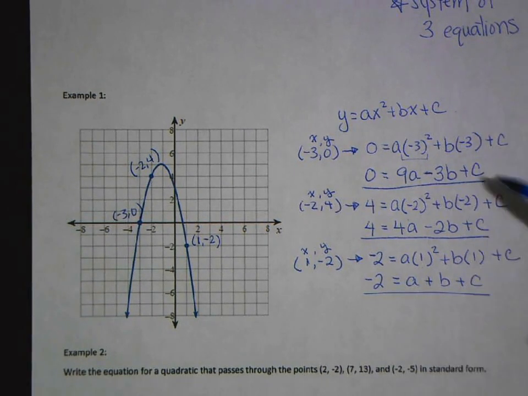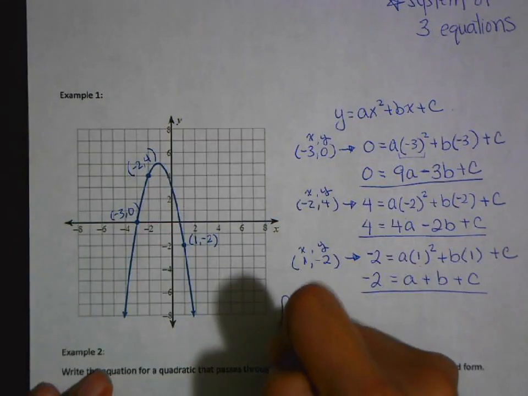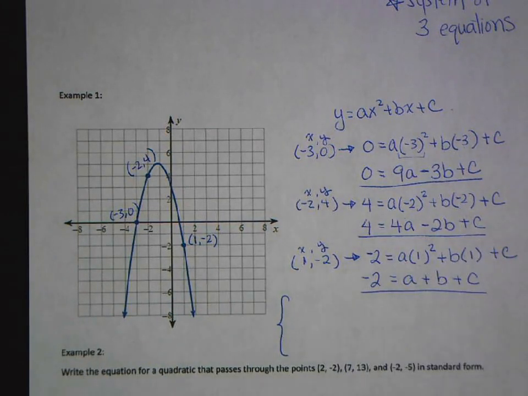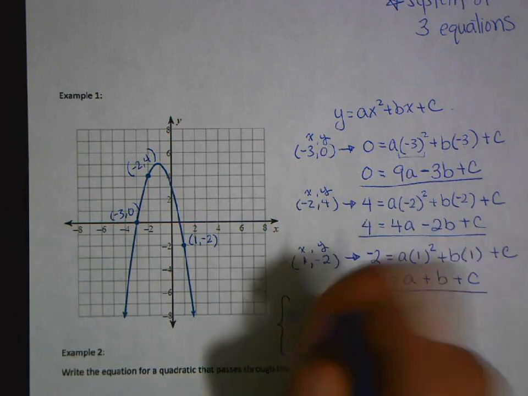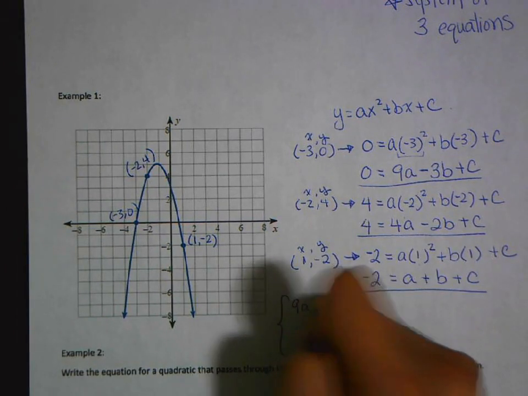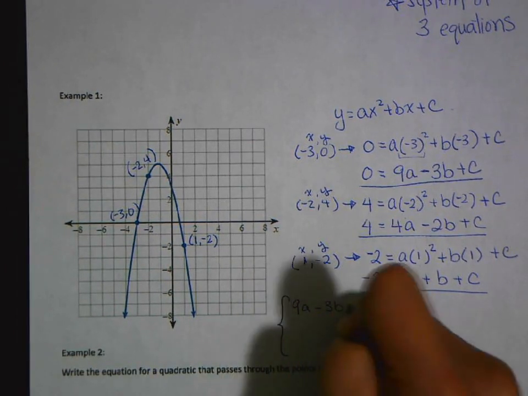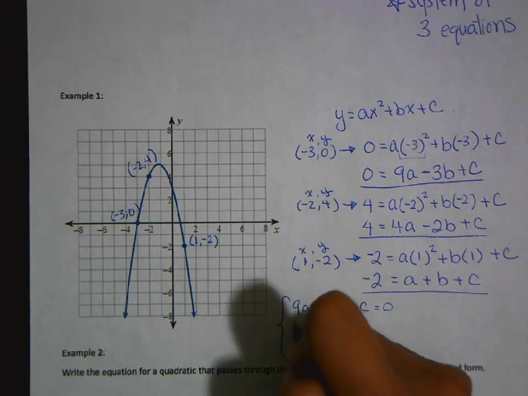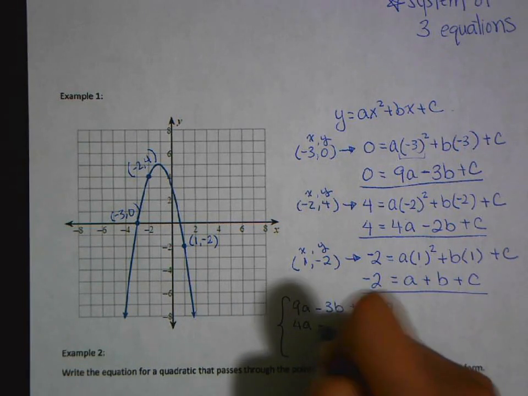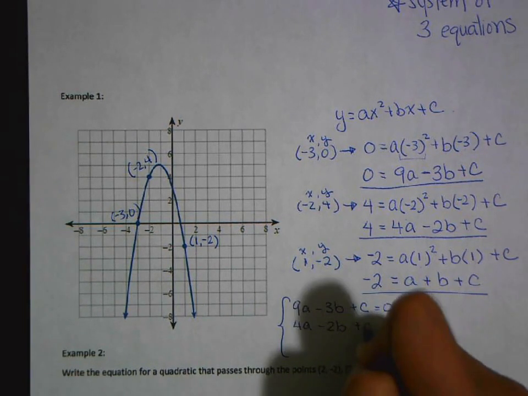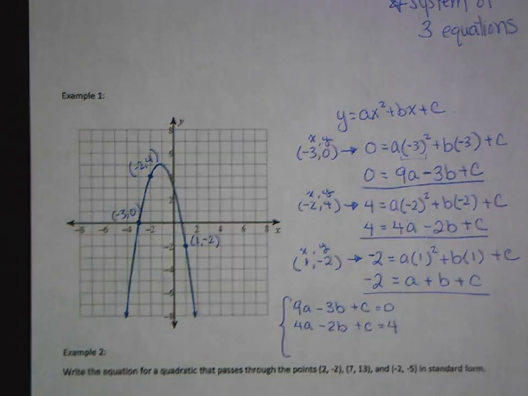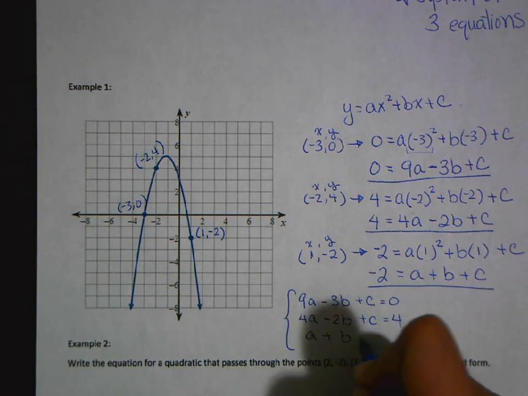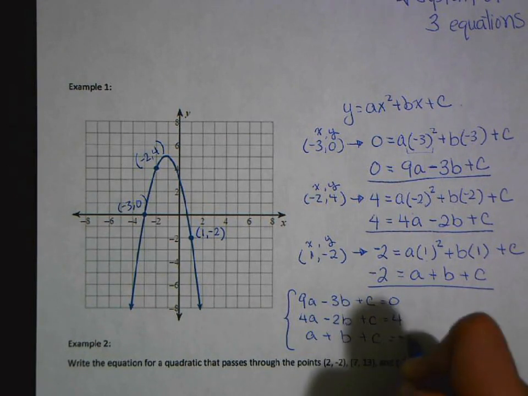I'm going to take these 3 equations and put them together as a system. I'm going to switch it around so that it equals y. So I have 9a minus 3b plus c equals 0. I have 4a, that's my second equation, minus 2b plus c equals 4. My third equation, a plus b plus c equals -2.